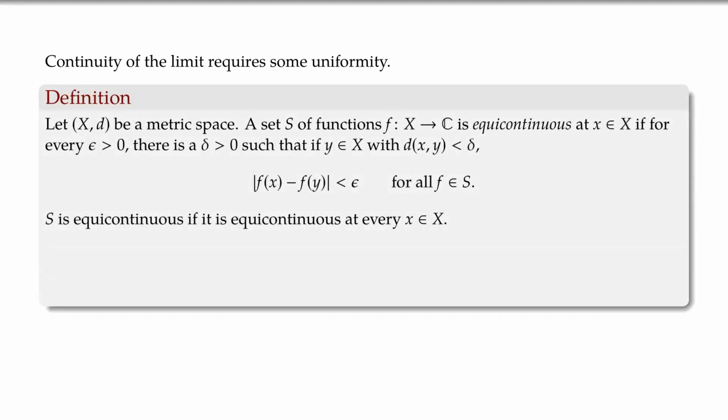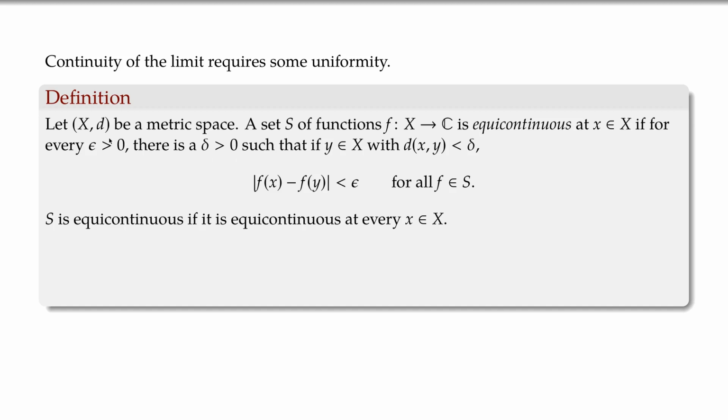That's the definition of equicontinuous. We have a set of functions S, which is really going to be this sequence, and we say it's equicontinuous basically if it is continuous in the same way. First, it's just like continuity: we define it at a point. For a fixed x, it's exactly like the definition of continuity.